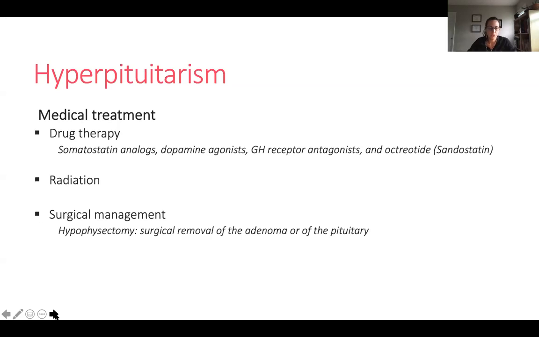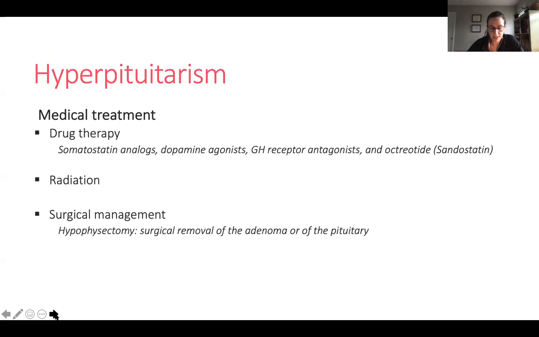So for the medical treatment, several drugs can be used. So somatostatin analogs, dopamine agonists, and growth hormone receptor antagonists. One that is common is octreotide or sandostatin, which is the most commonly prescribed drug for acromegaly.